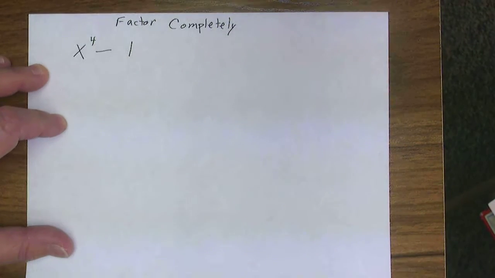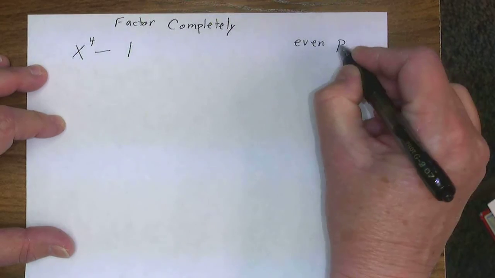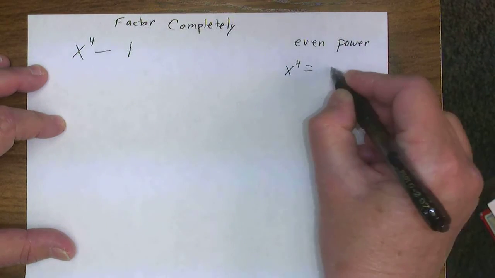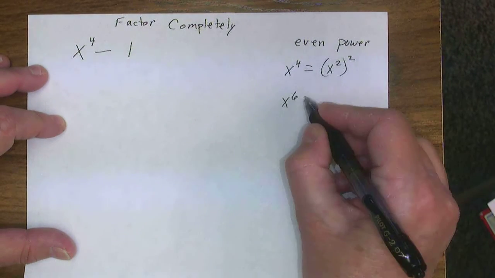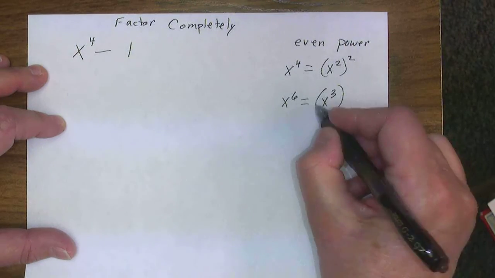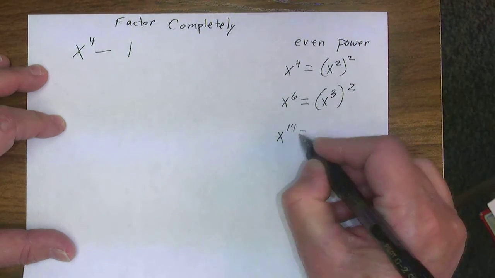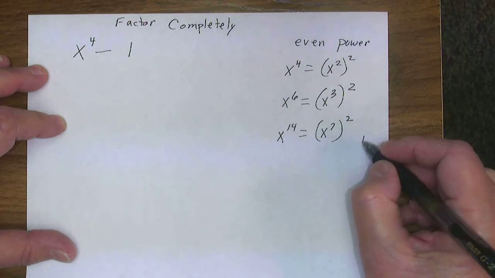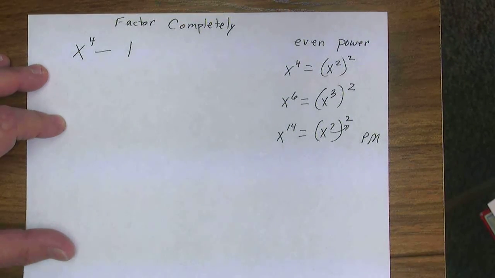Also, recognize that any even power is a perfect square. X to the 4th is x squared squared. X to the 6th is x cubed squared. X to the 14th would be x to the 7th squared. Remember, that's your power rule, we call it. When you raise it to a power, you multiply, that's x to the 14th.